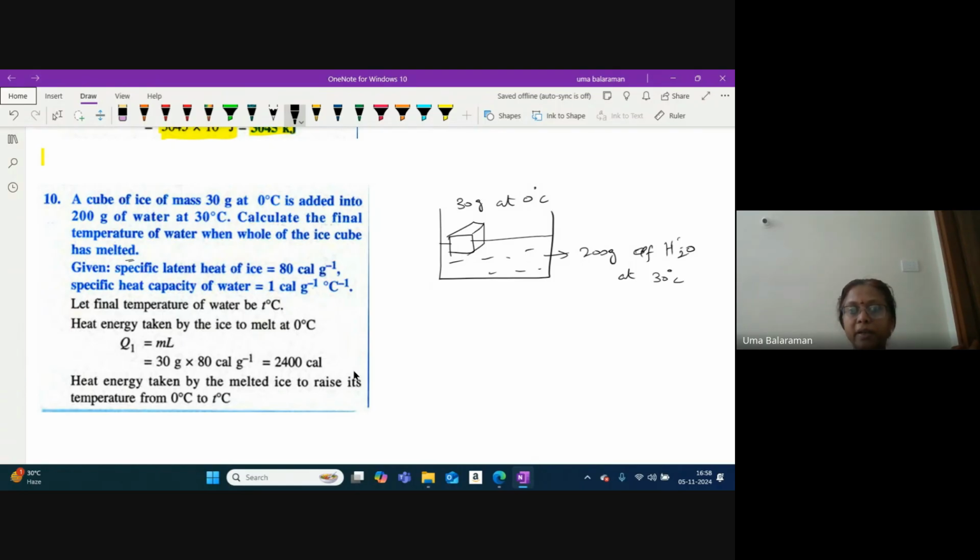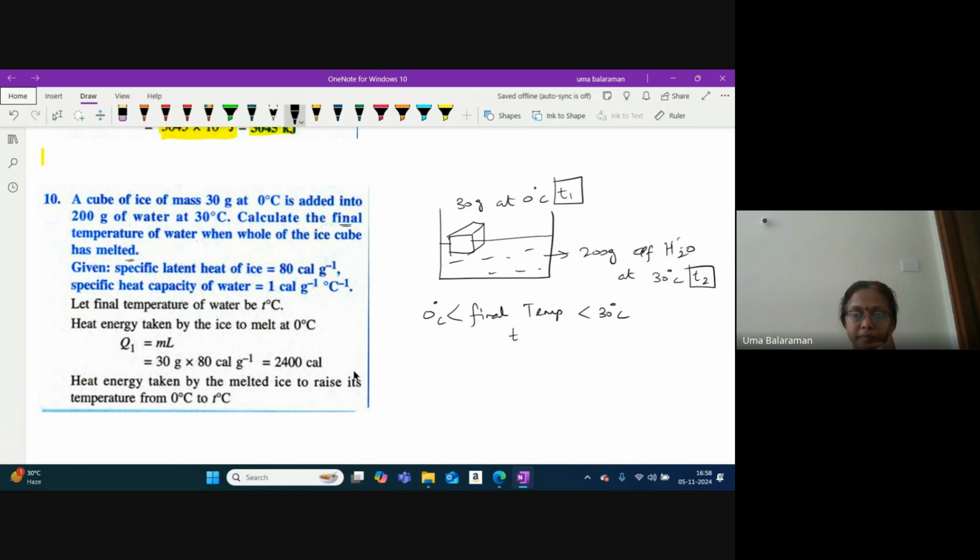Calculate the final temperature of the water when the whole of the ice cube has melted. So, what will be the final temperature? The final temperature will be less than 30 degrees Celsius and more than 0 degrees Celsius. Do you agree? Final temperature T is more than T1, less than T2.